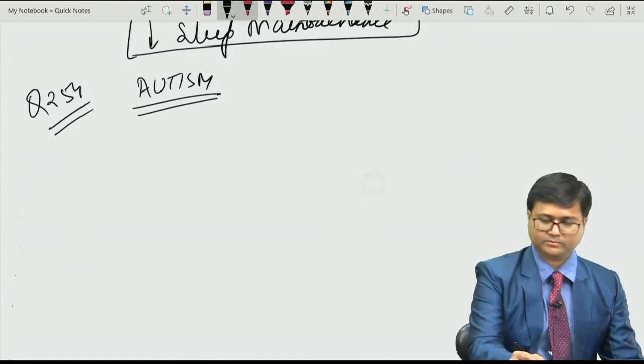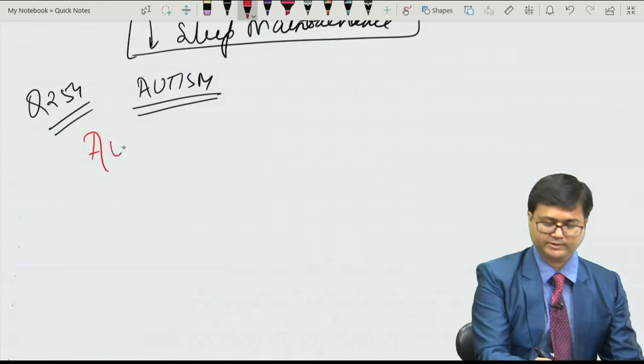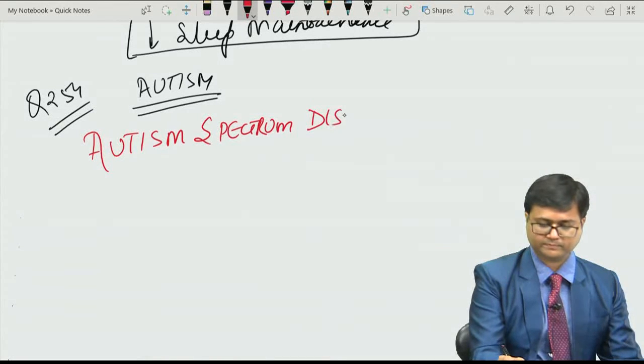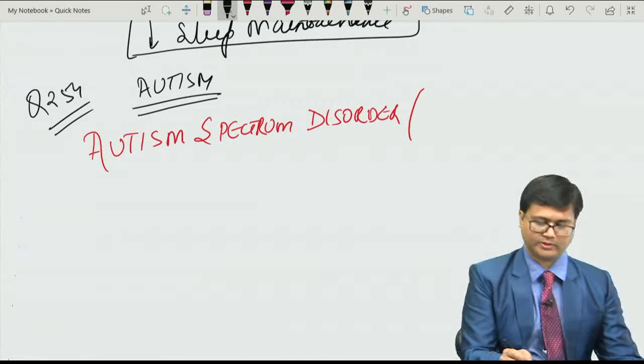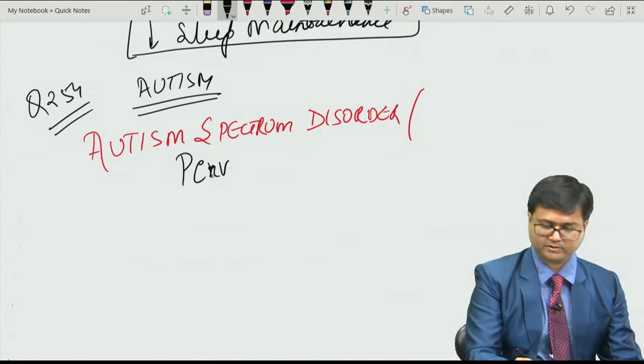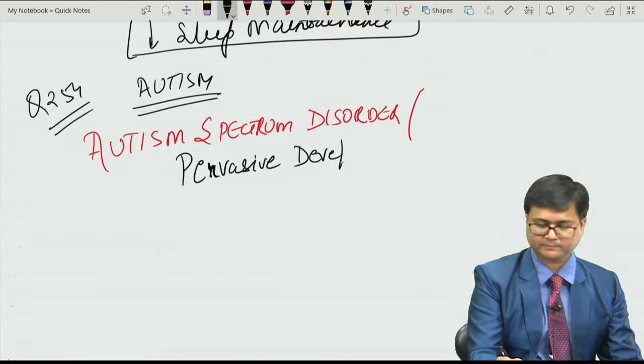Now it is described under autism spectrum disorder, and was previously known as pervasive developmental disorders.